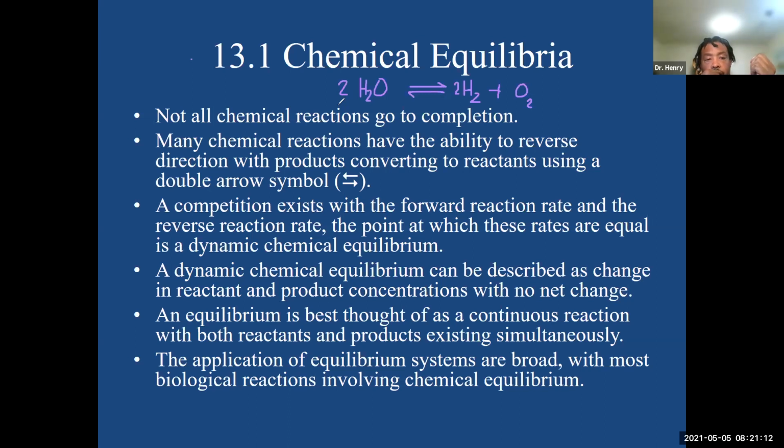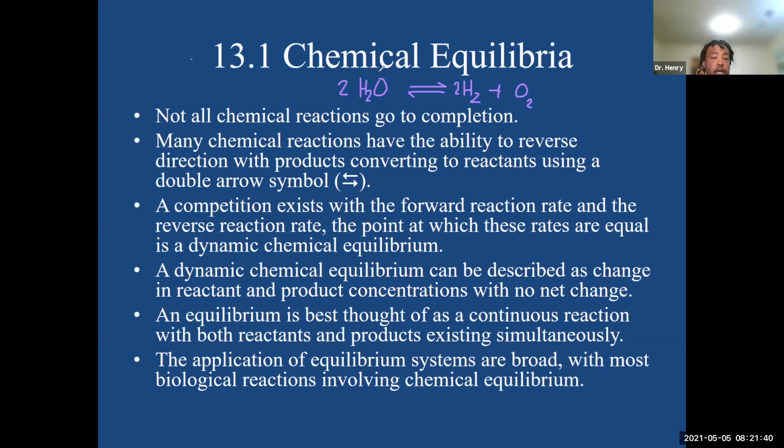Okay. So you've got to think of it as always happening, because basically when you put, let's say, water in a system where there are no elements in there, as soon as that water hits the system, it's going to try to reach that point of equilibrium.